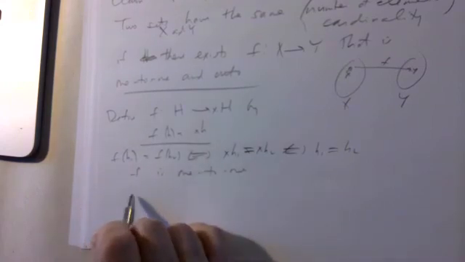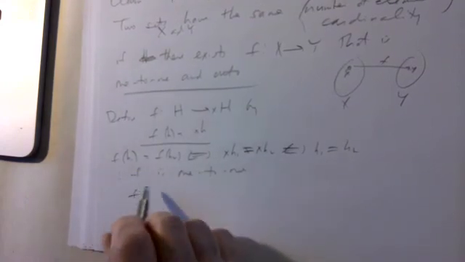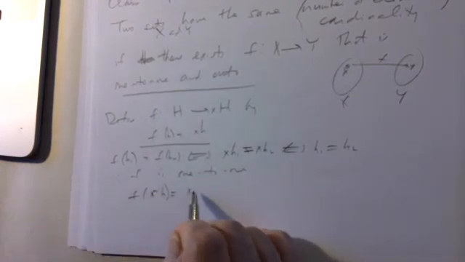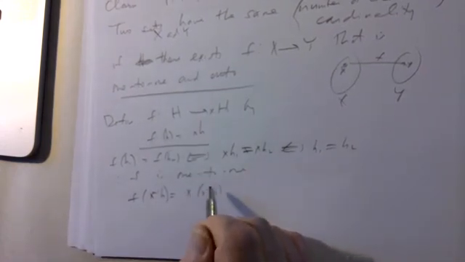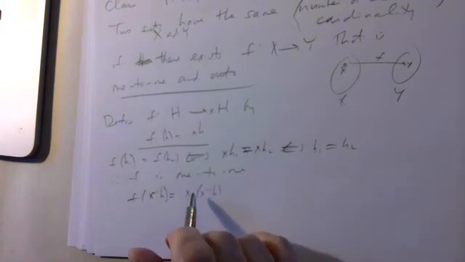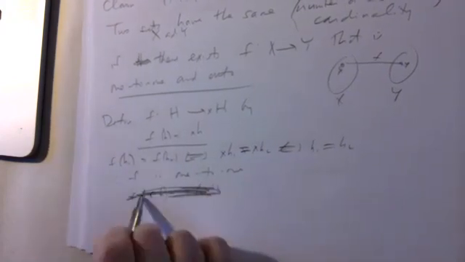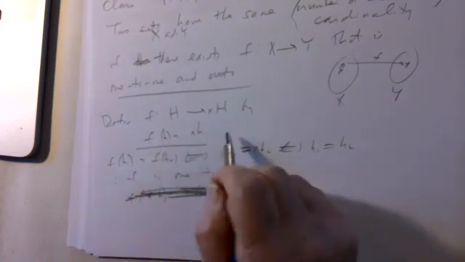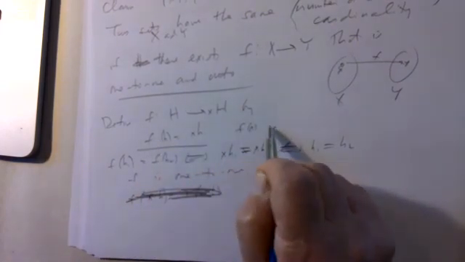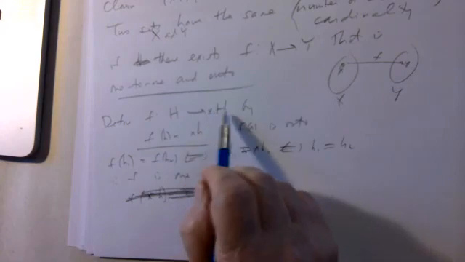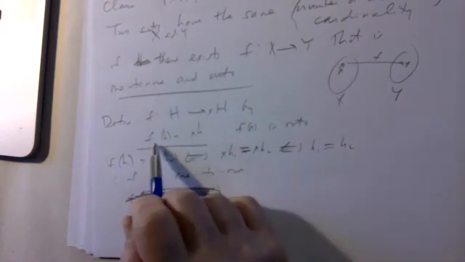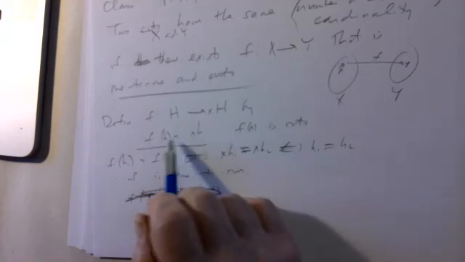First of all, f is onto, because everything in this left coset xH is xh for some element h, so f of h equals xh.